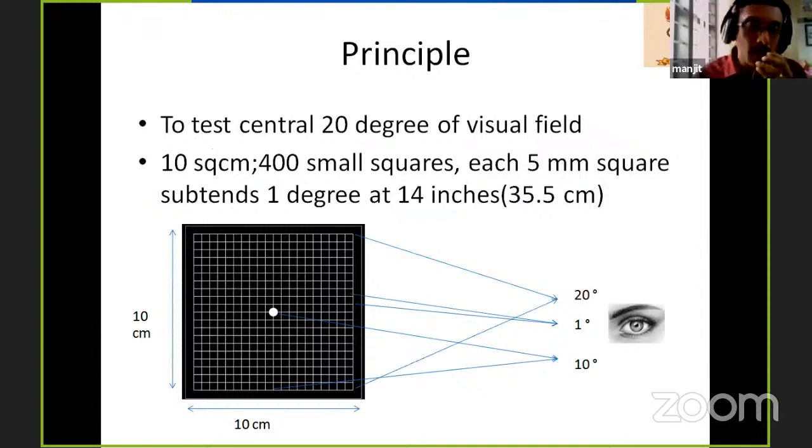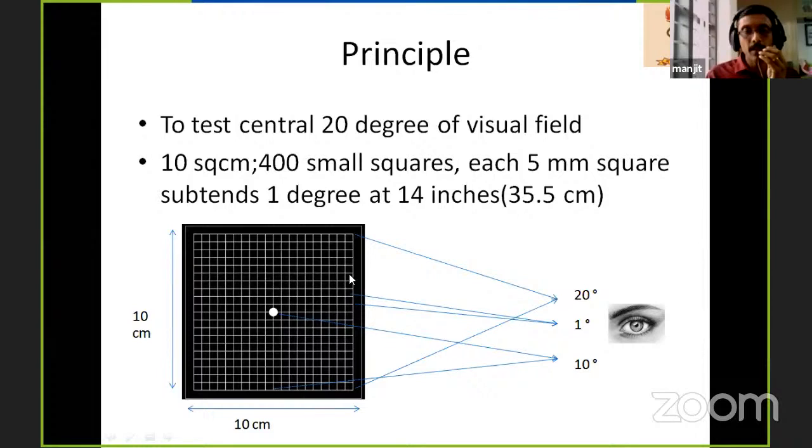So the principle, as you can see here, this is the Amsler chart which we have. We have these charts with a multiple square pattern. It has around 400 squares, that is 20 into 20 squares. The total sheet is a 10 centimeter square sheet.